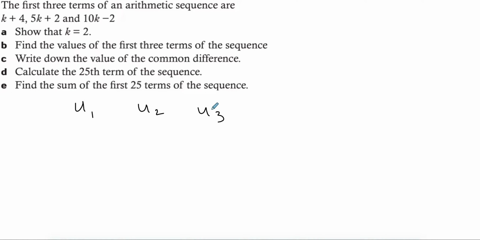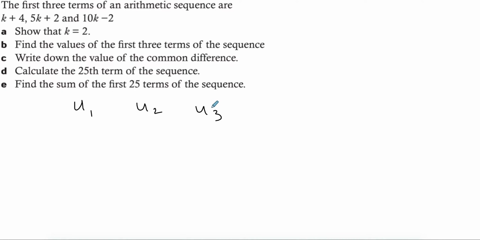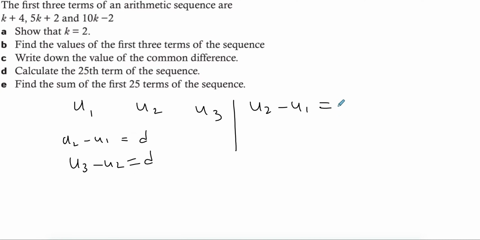If I take u2 minus u1, I'm going to get the common difference. And if I take u3 minus u2, then I'm also going to get the common difference. So I'm going to get the same exact thing. So u2 minus u1 will give me the same exact answer as u3 minus u2.